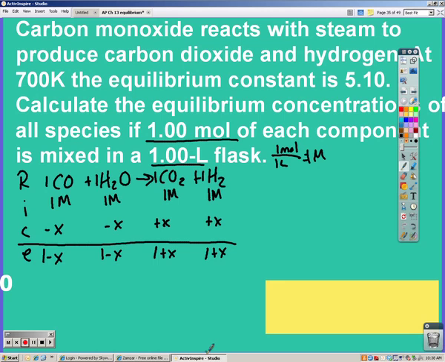I can write my equilibrium expression and then plug everything in.